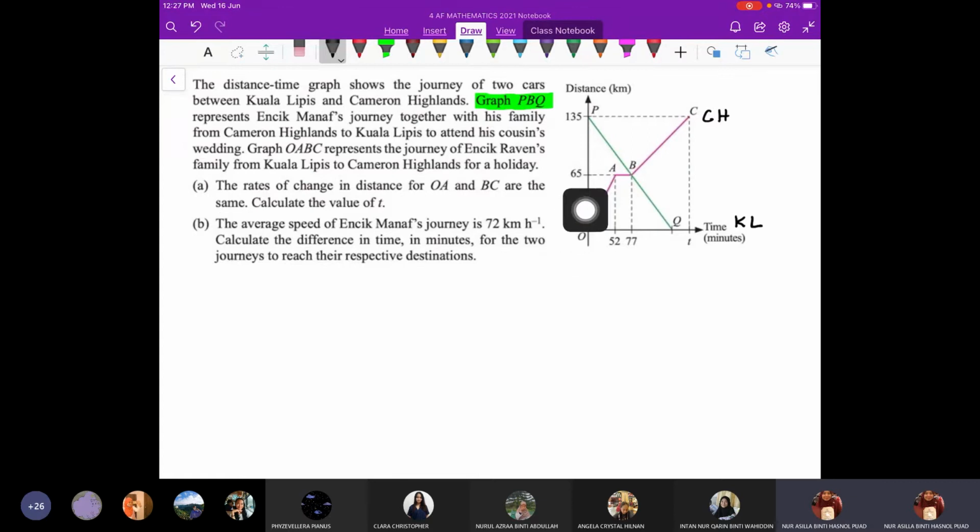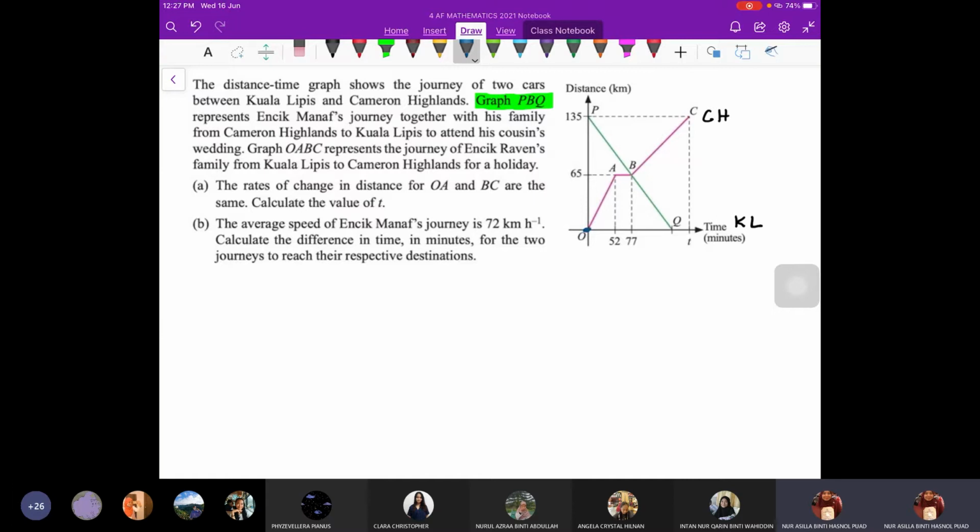Dia nak kata gradient dekat OA dengan gradient kat BC adalah sama. So calculate the value of T. T here. Okay. So clue yang diberi is just that the gradient is the same. Jadi kamu kena gunakan formula gradient lah. Itu je clue yang dibagi.